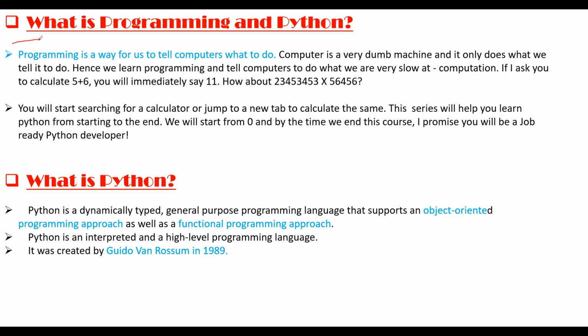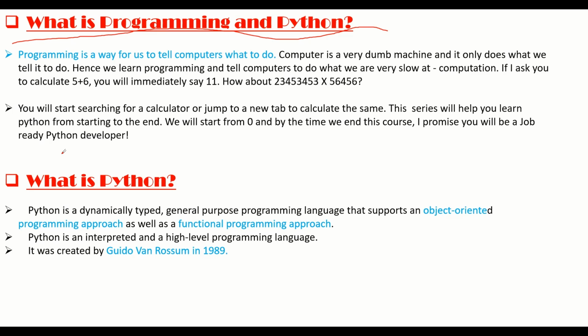What is programming and what is Python? Programming is a way for us to tell computers what to do. A computer is a very dumb machine and it only does what we tell it to do. Hence, we learn programming and tell computers to do what we are very slow at, computation.